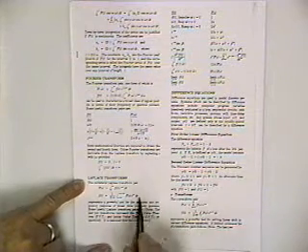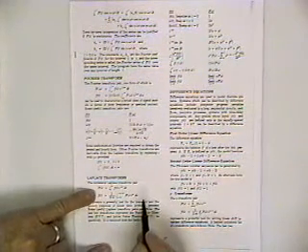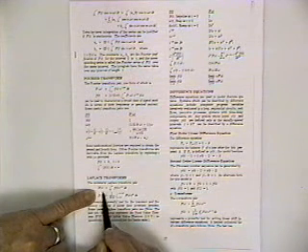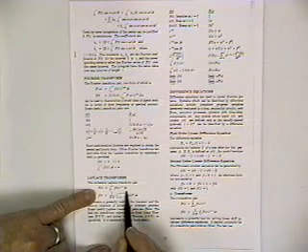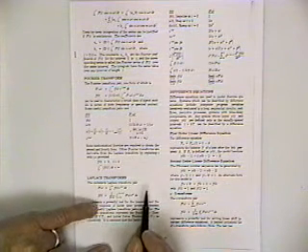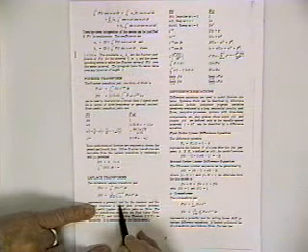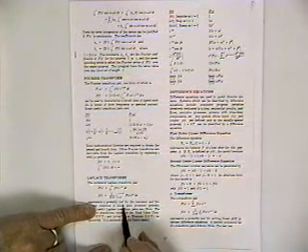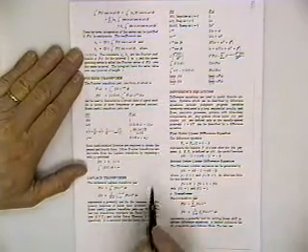Laplace transforms, as we commonly think of them, are defined in the equation shown right here: F of s is the integral from 0 to infinity of f of t e to the minus st dt.